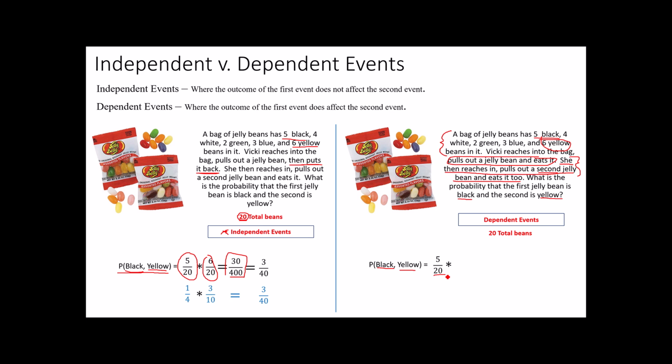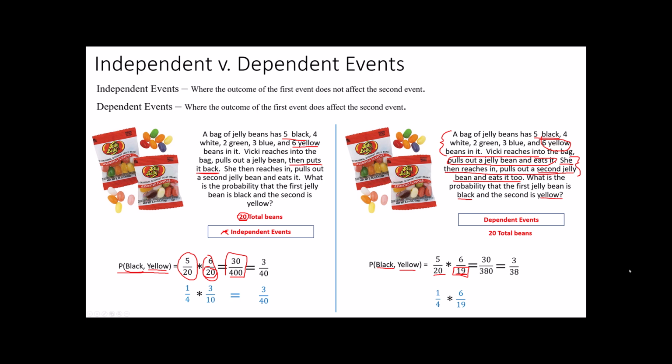If we ate a bean, there are now 19 beans in the bag, meaning the probability is 6 out of 19 that we will get a yellow. Notice before it was 6 out of 20. The dependent events have caused the second denominator to be different. And just like before, we would multiply that together and simplify. A few of you may have noticed that 5 out of 20 is not in simplest form. You can make that into 1/4.